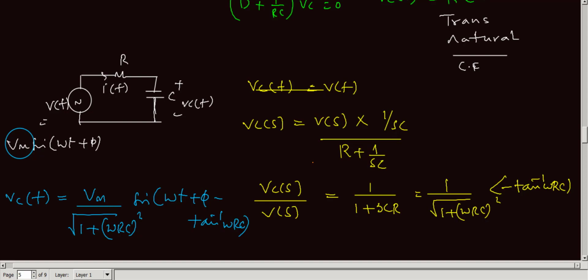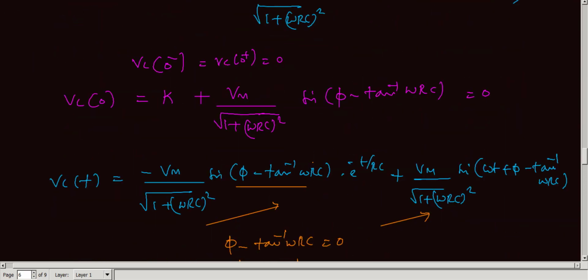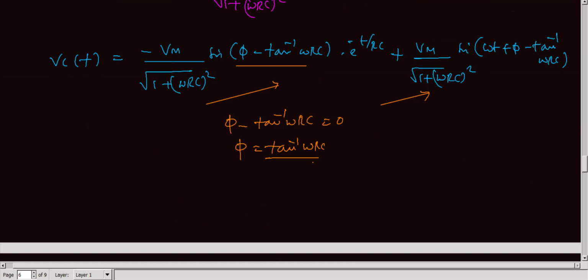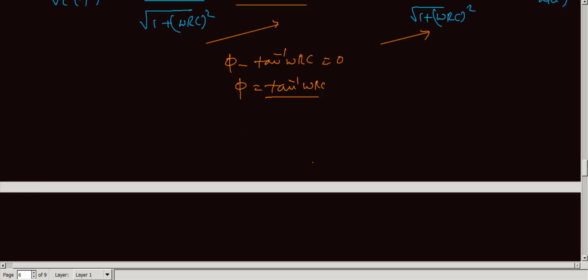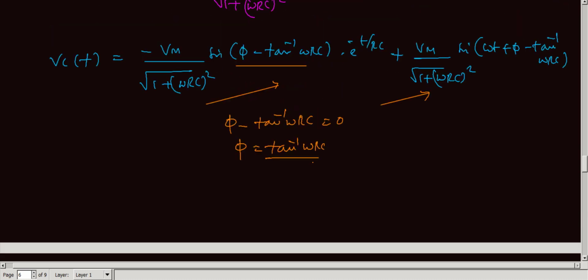So at this point I want to tell that for this series RC circuit we can apply the basic concept and we get the exact solution. There is no problem in that. It is correct. The basic concept is correctly applied.